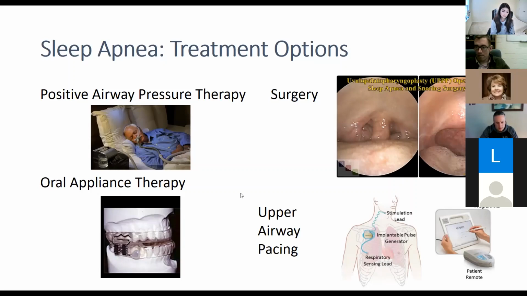And then upper airway pacing, which we just started a program for at WVU. This is an implantable pulse generator that attaches to leads on the hypoglossal nerve, which stimulates the genioglossus and other pharyngeal dilator muscles to treat apnea. And there's a respiratory sensing lead.